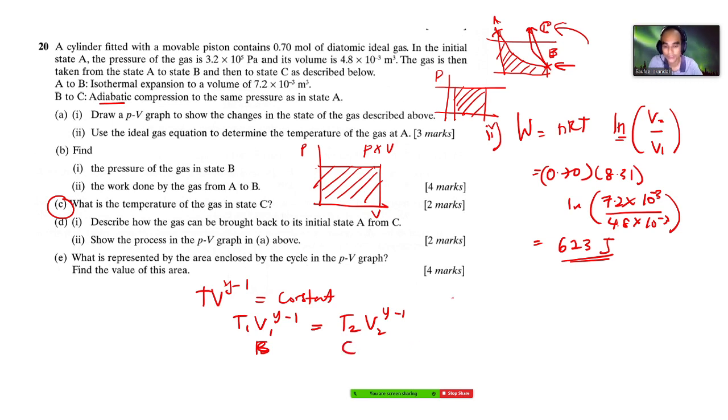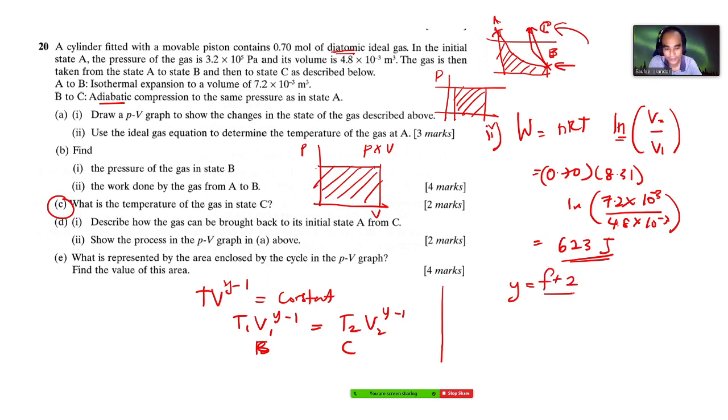Okay, so what is gamma actually? What's the value of gamma over here? Who can tell me the value of gamma? Monatomic is 3 over 2, right? Oh, diatomic, 5 over 2.